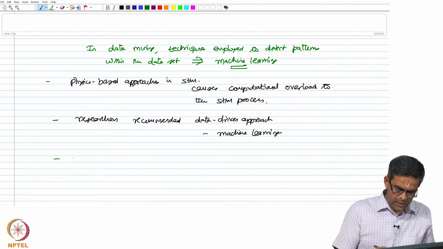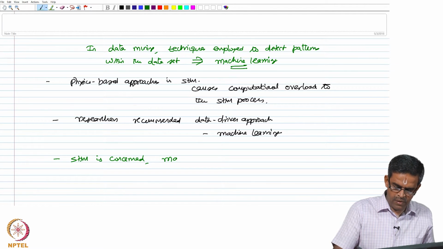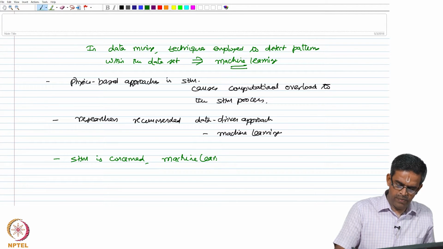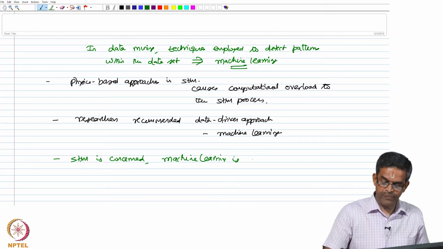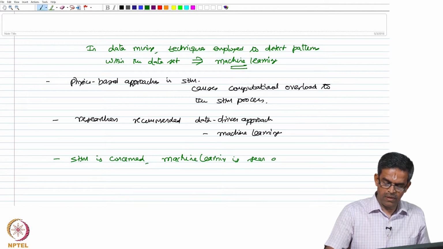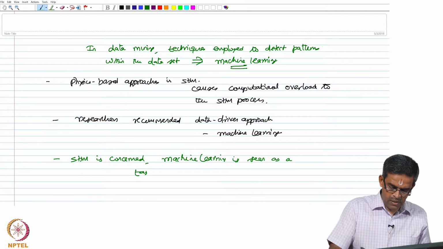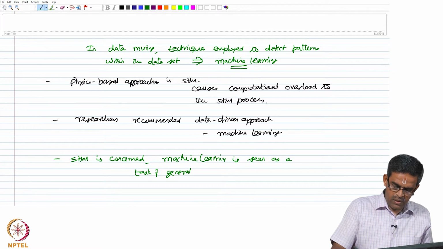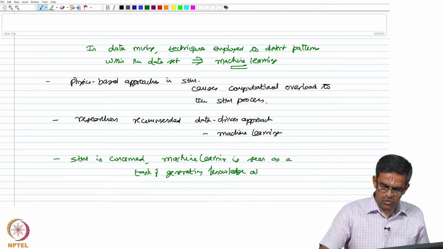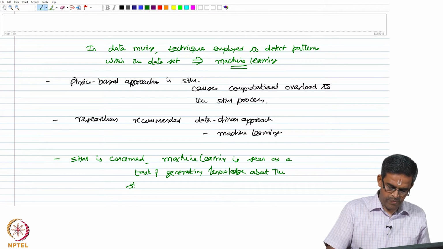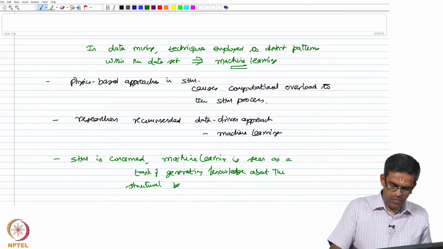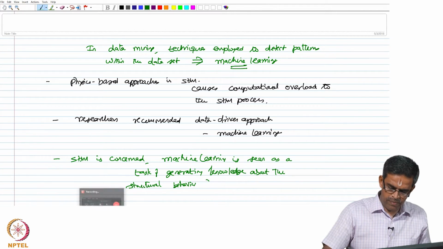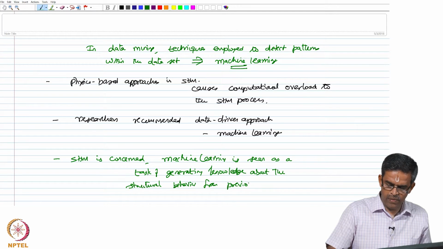So, therefore, as far as SHM is concerned, machine learning is seen as a task of generating knowledge about the structural behavior from previously collected sensor data.